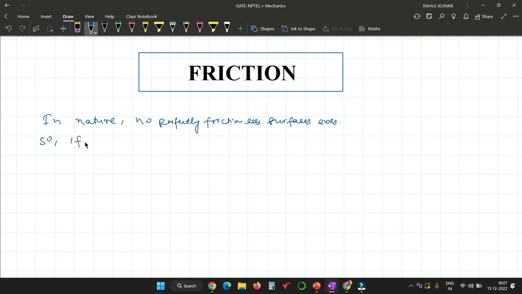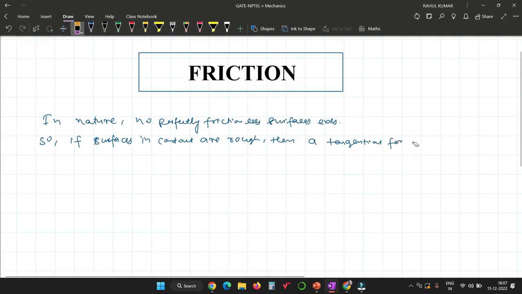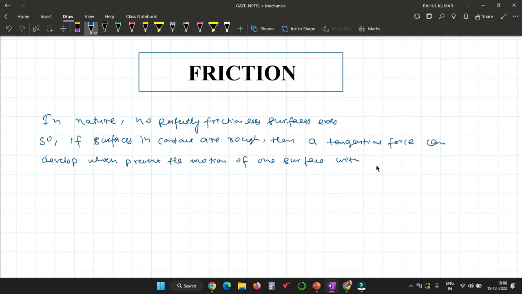If surfaces in contact are rough, then a tangential force can develop which prevents the motion of one surface with respect to the other.